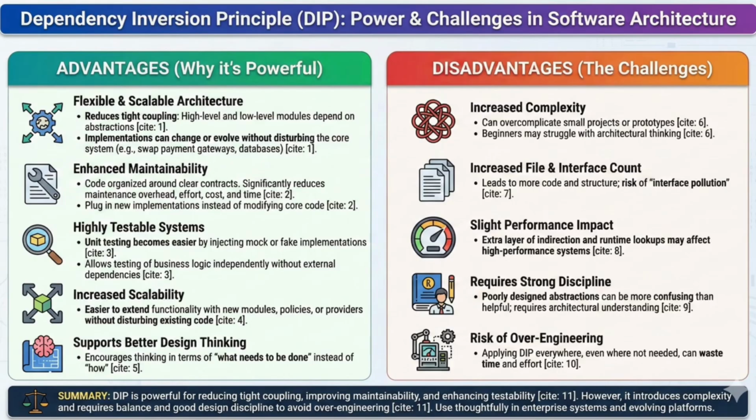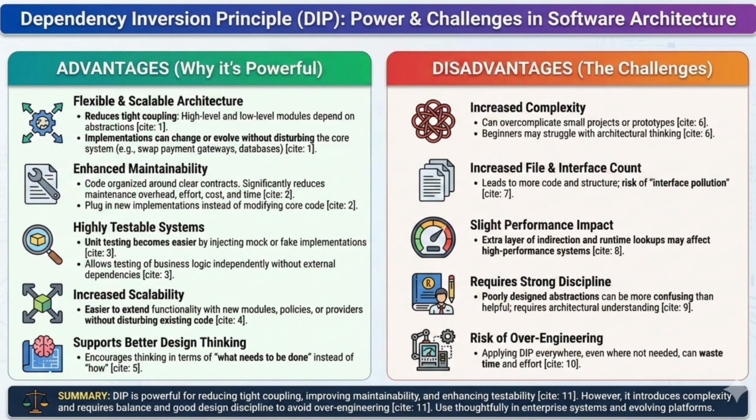However, like any powerful principle, dependency inversion is not free from disadvantages. One major drawback is increased complexity, especially for beginners or small teams working on simple projects. Introducing abstractions, interfaces, dependency injection containers, and layered architecture may feel unnecessary when building small applications.